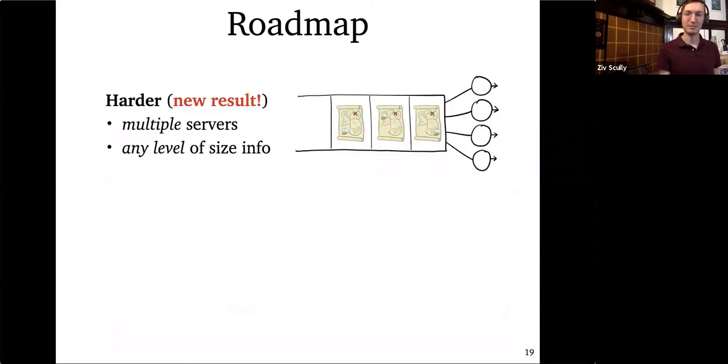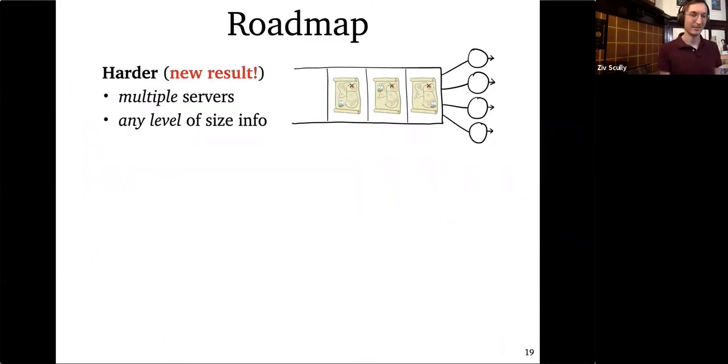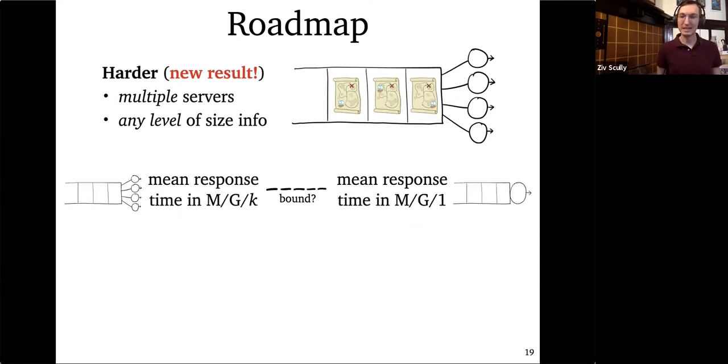And so what I want to do in my remaining time is roadmap part 2, talk about how we prove this result. Remember that what we're trying to do is relate M/G/k mean response time to M/G/1 mean response time, and we'd like some sort of bound relating these two. It turns out that doing this directly is really hard.